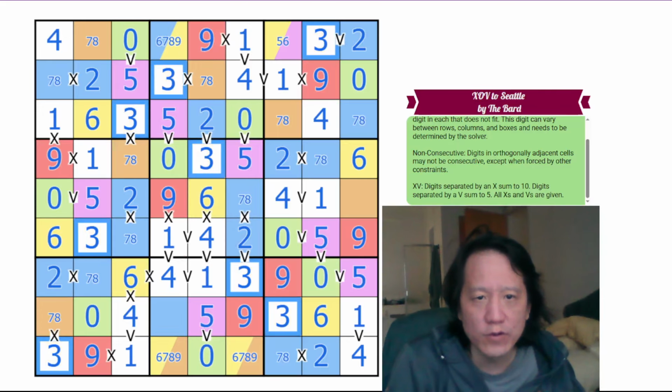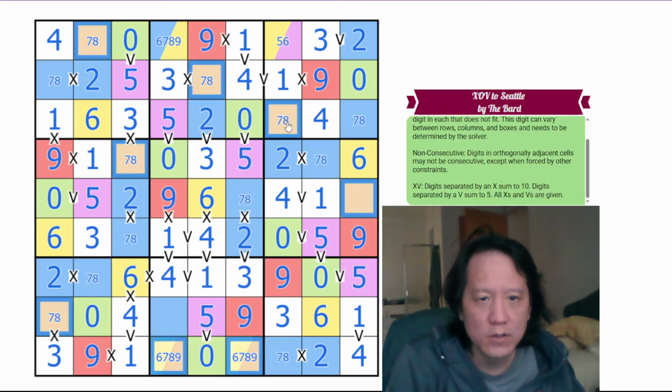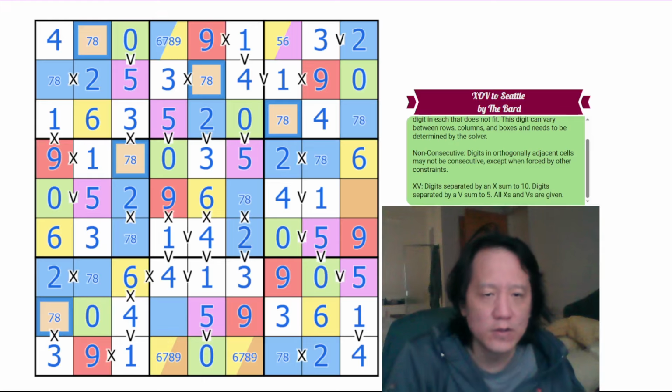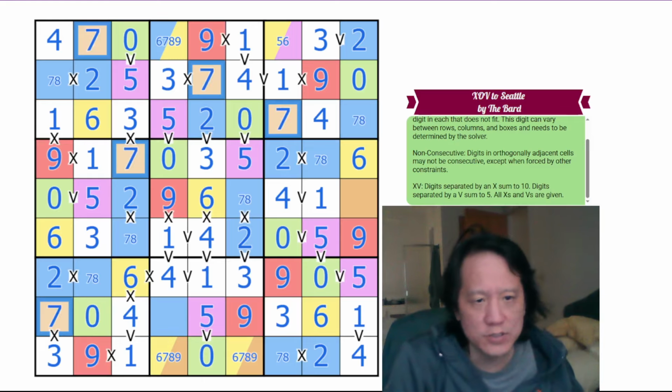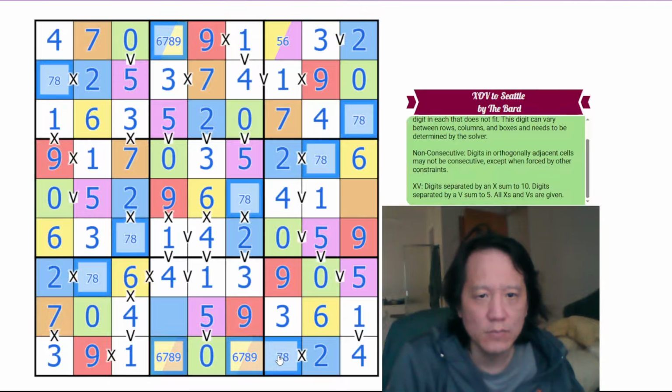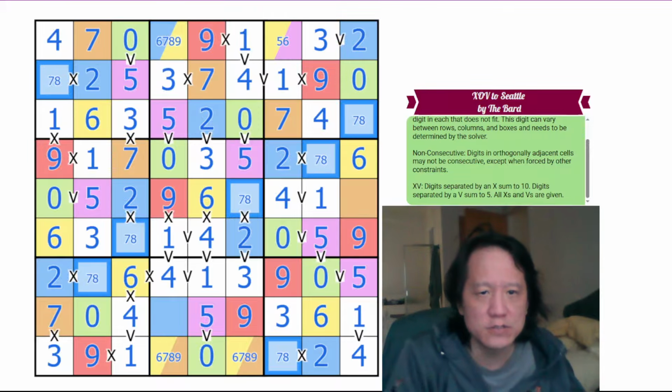We can remove the orange there. All the oranges except for the unknown ones are 7. All the high blues are 8.